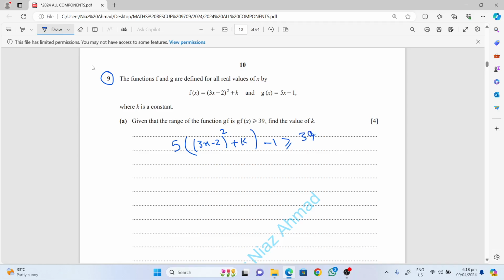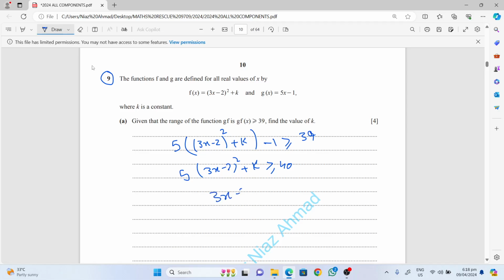So you can simply say this is 5 into (3x minus 2) whole square plus k, which is greater than or equal to 40. I can use the 40 and divide 40 by 5.